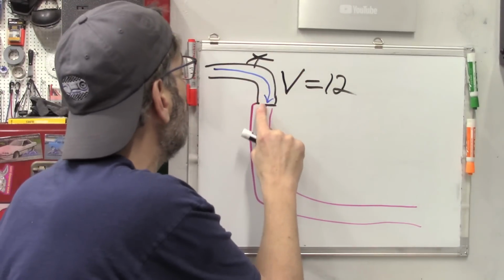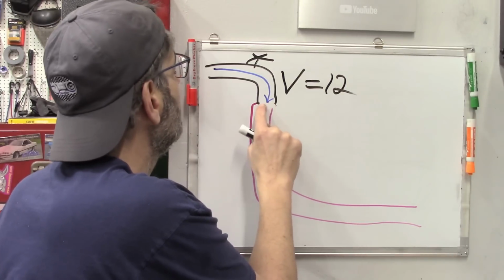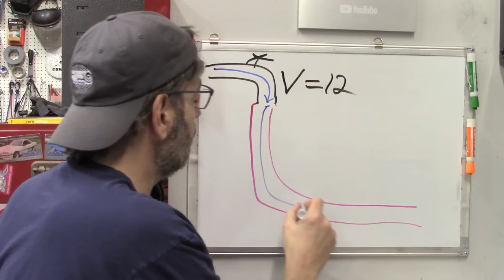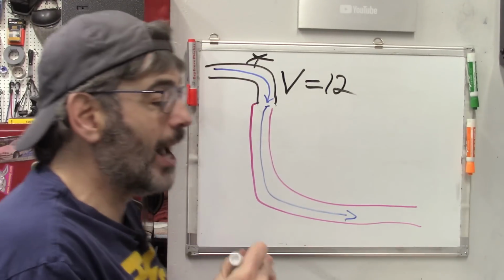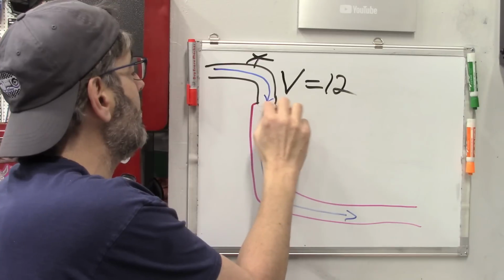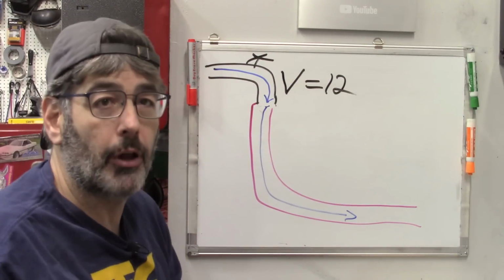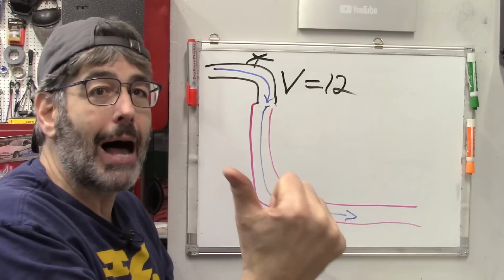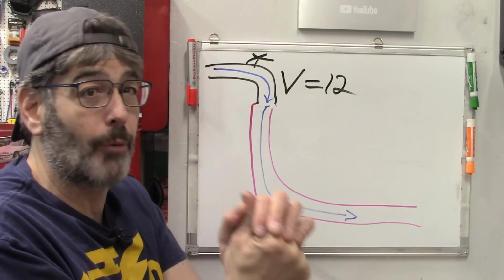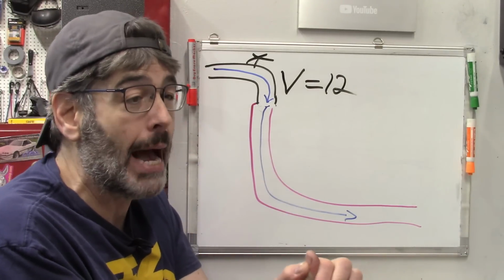Now, if we open this, we, of course, have water flow through, but now we don't have that buildup of pressure here because the water can flow through. Think of it, if you block with your thumb, you have a really hard time holding that water back from the tap.